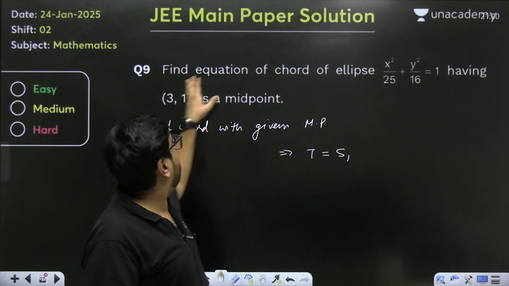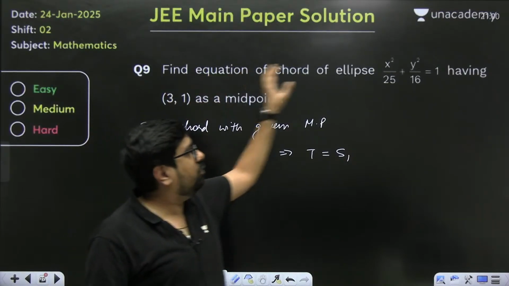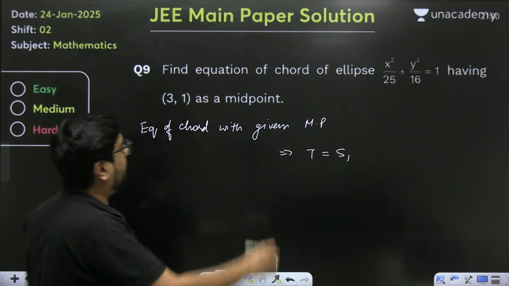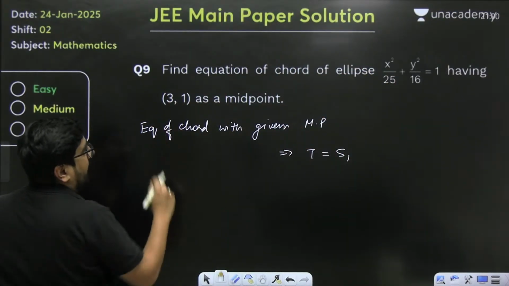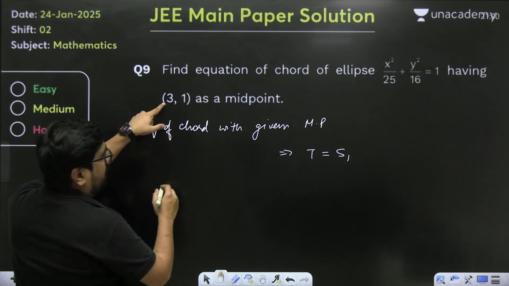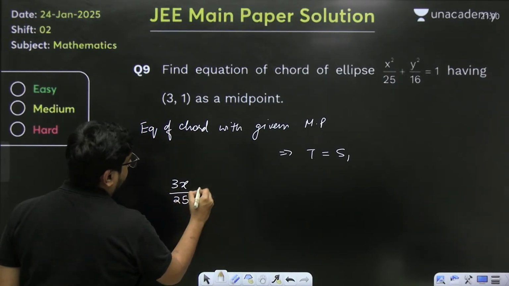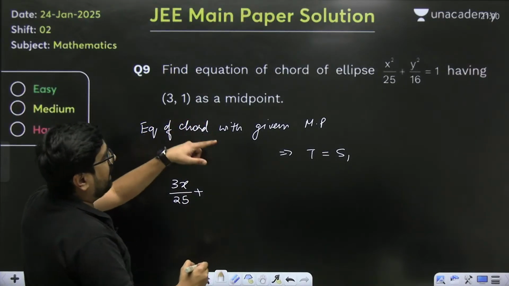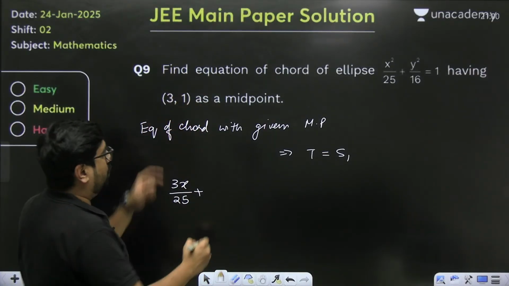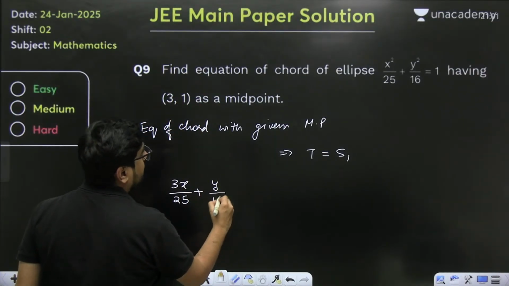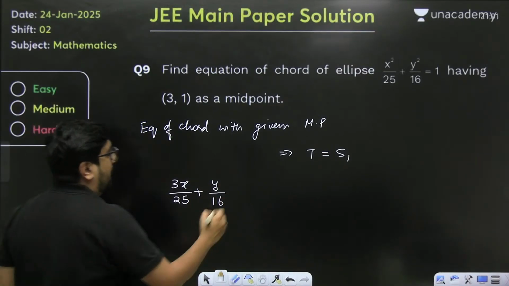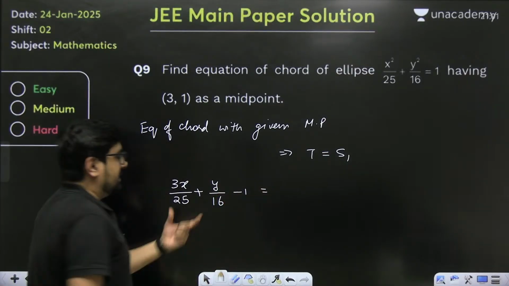S1 means same point x1 y1 you satisfy over here. For example, T over here will become x x1, that means x into what is x1, 3, so 3x by 25 plus y square by 16 means y y1, y into 1, that means y by 16, minus 1. This is your T.